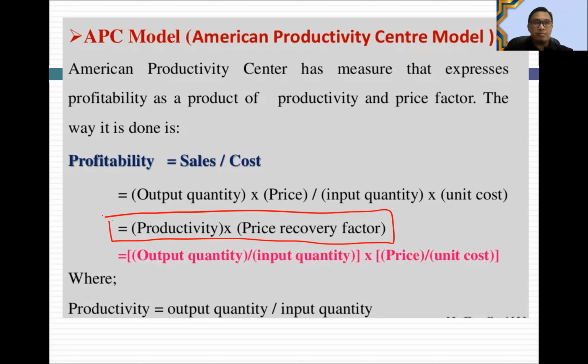The output could be services, could be finished goods. When the output quantity is multiplied by price, it comes up with the sales. And the cost is the input quantity times the unit cost.